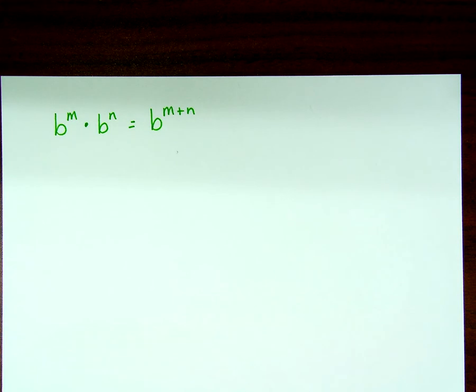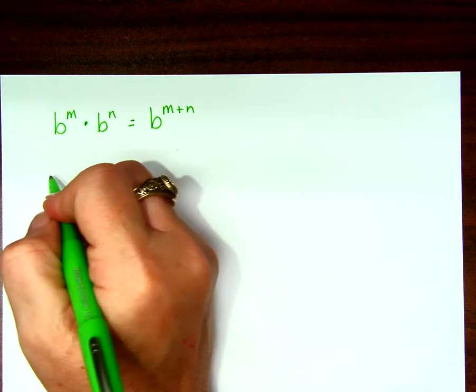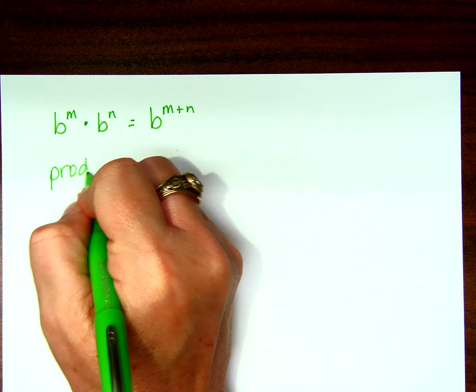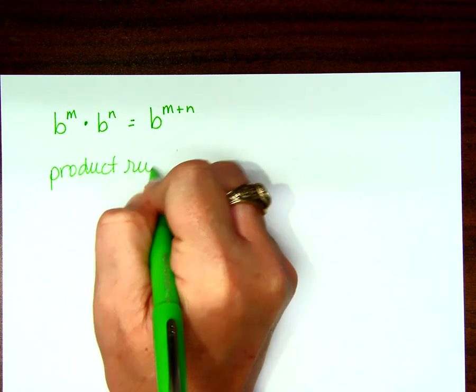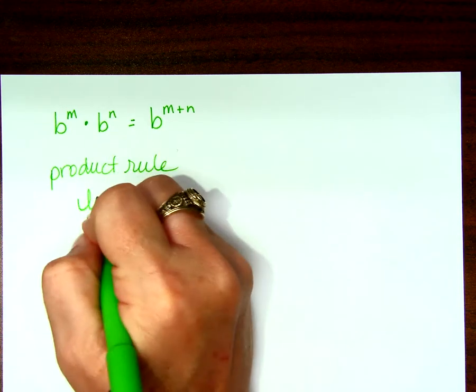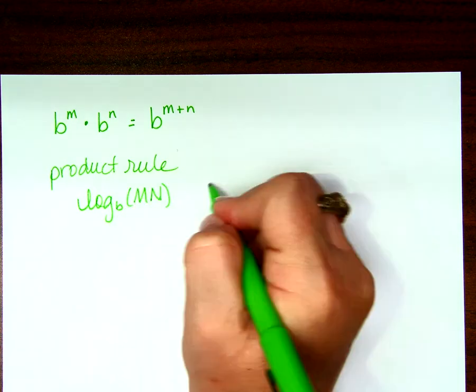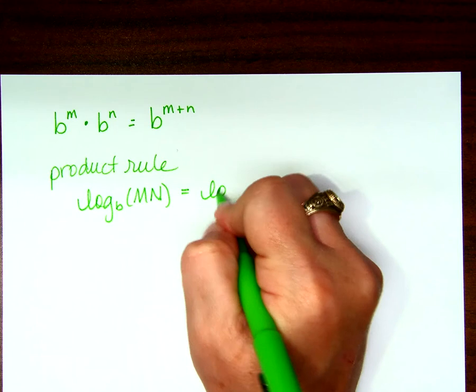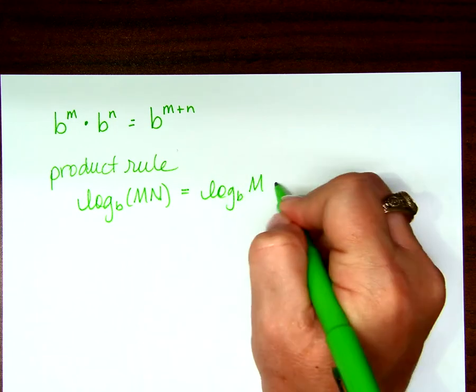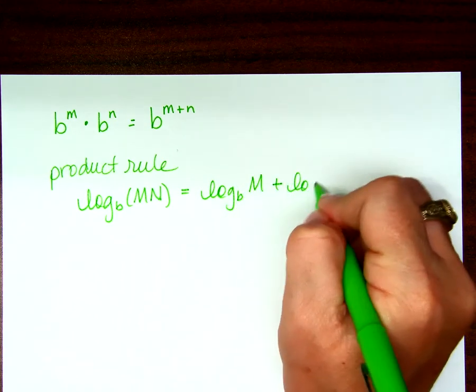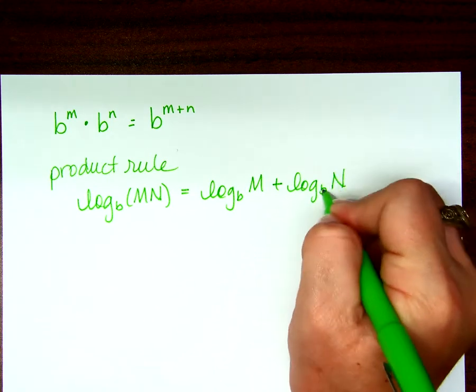Because you know how closely related logarithms and exponentials are, you know that there has to be a similar rule or law in logarithms. And in fact, there is. It's called the product rule. The product rule says if you have log base b of mn, that is the same as log base b of m plus log base b of n.